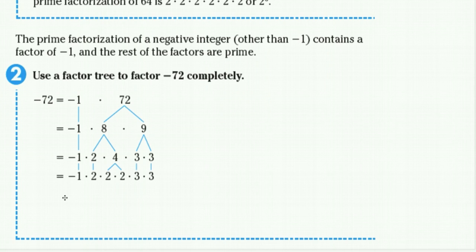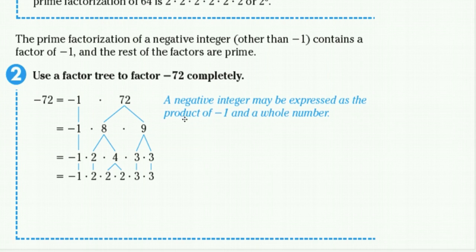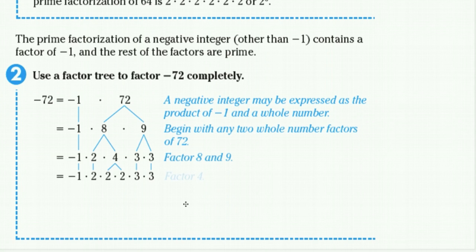So if we completely factor negative 72, oh, I forgot to write all the reasons for each step. The integer may be expressed as a product of negative 1. We know that, and we factored 4 in this case.